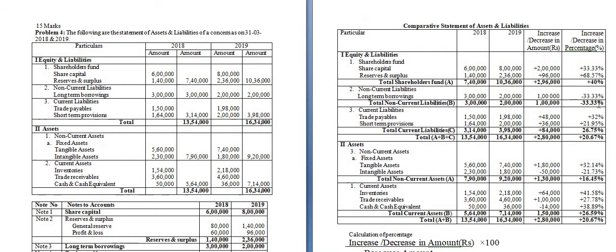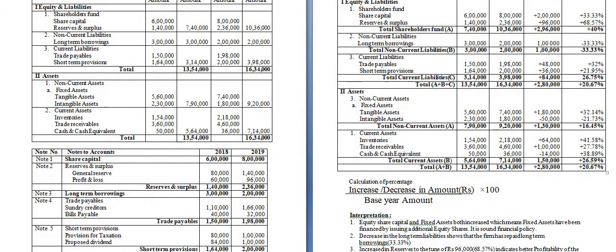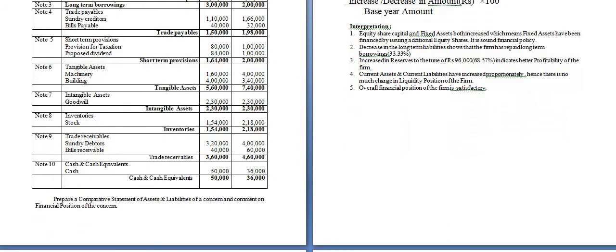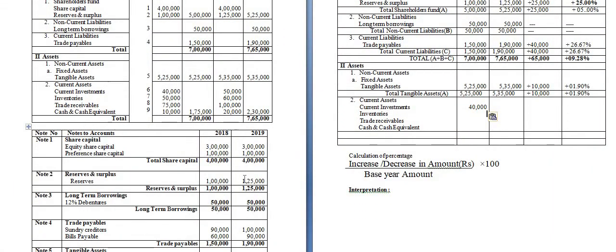Okay, so right here in the next line, 40,000 for 2018 and 50,000 for 2019. Whether the amount is an increase or decrease, it is an increase. How much? 10,000.